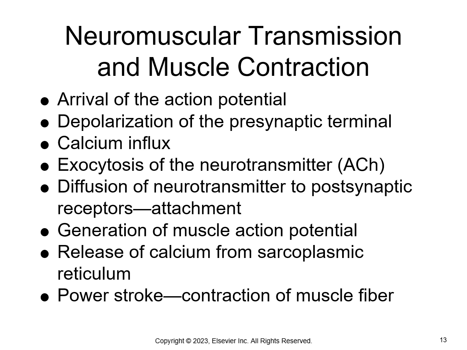The calcium is going to be moved back into the sarcoplasmic reticulum, and acetylcholinesterase is going to break down the excessive acetylcholine. Both the contraction and relaxation require ATP or energy for this process to occur. So that kind of explains why we have so much mitochondria in that presynaptic terminal.